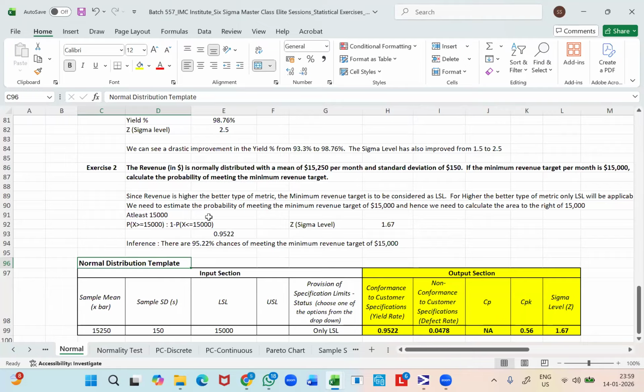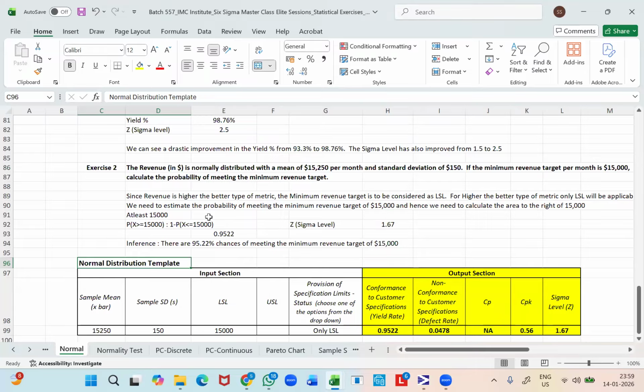And we looked at the area coverage within the various sigma limits for a normal distribution. Within 1 sigma limit, 68.27%. Within 2 sigma limits, 95.45%. Within 3 sigma limits, 99.73%.